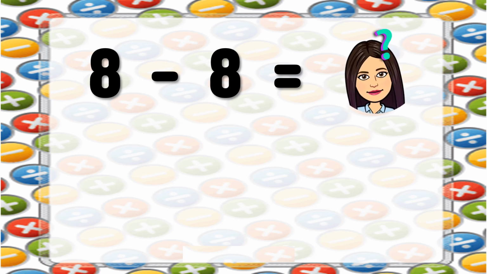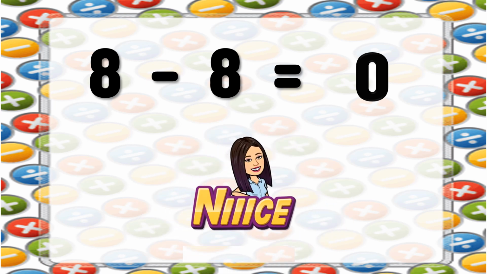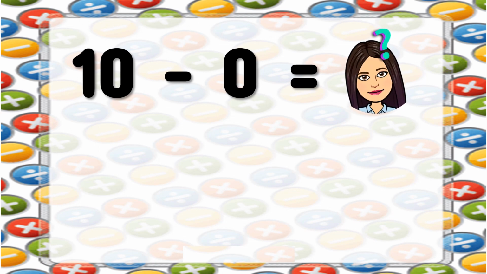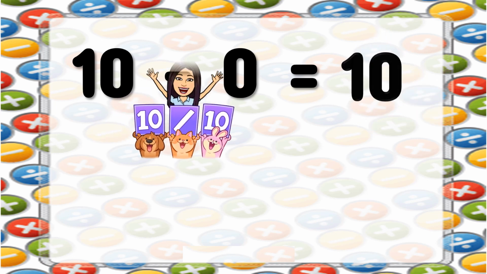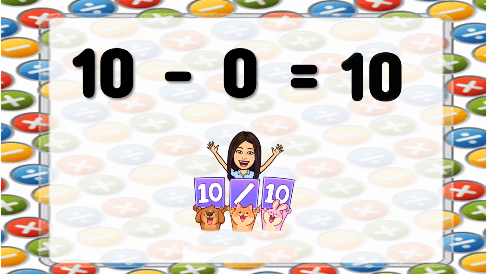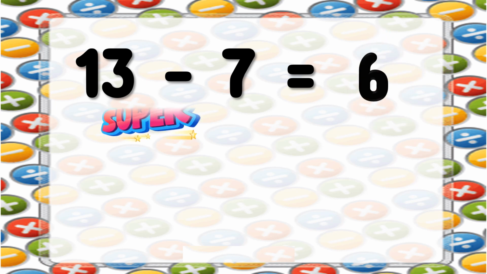Eight minus 8 is equal to 0. Ten minus 0 is equal to 10. 13 minus 7 is equal to 6.